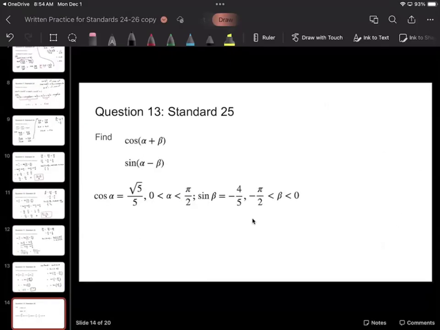Okay, so we have to find two things here, and these are the conditions given to you. So there are two angles involved, right? So we have to find the cosine and sine of the sum and difference of those two angles. The only thing that we know about these angles is that the first angle is in quadrant 1.